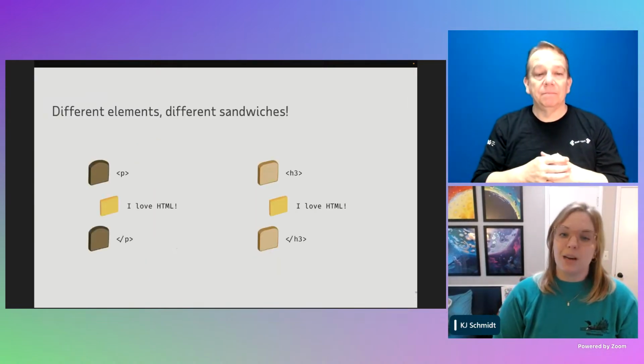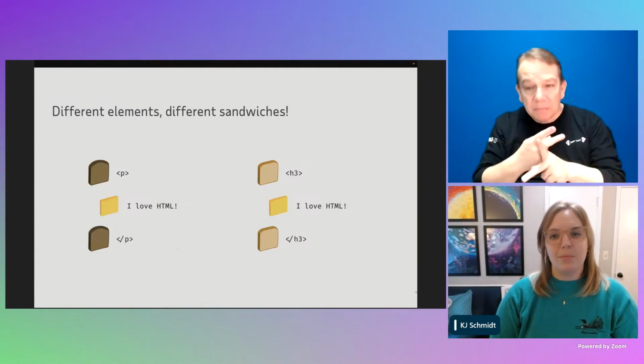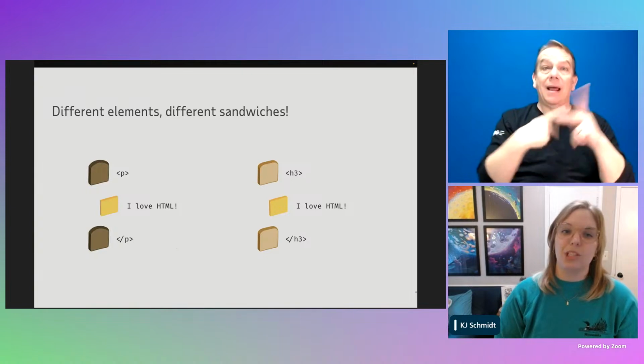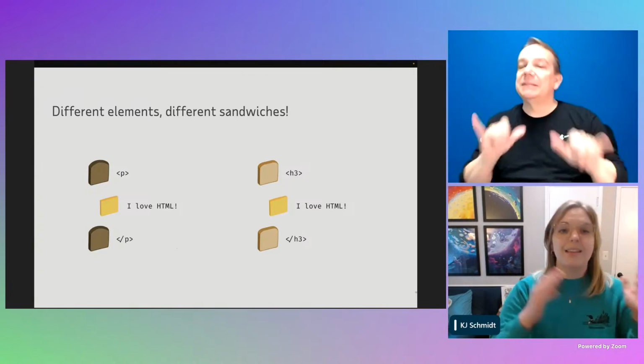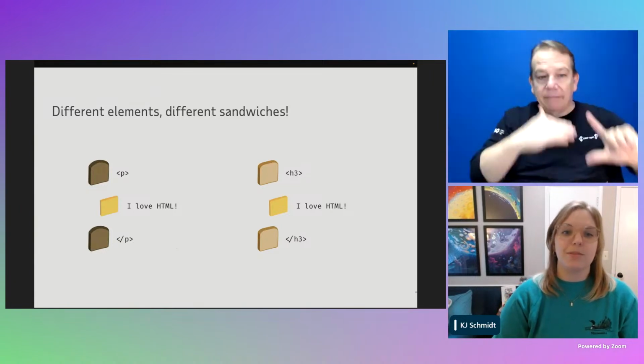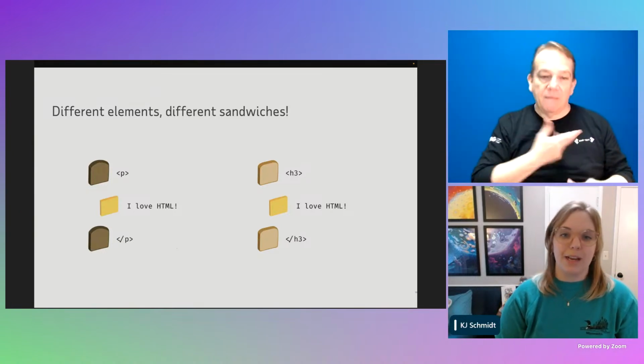And just as sandwiches come in different types, HTML elements also come in different types. They generally follow the same sandwiched pattern: start tag, contents, and then an end tag. And by changing the types of start and end tags, we can create different elements.